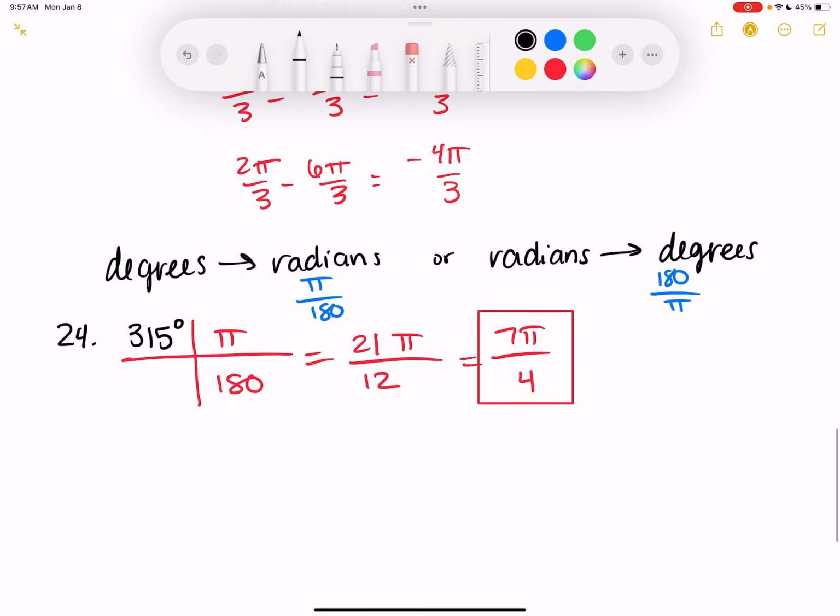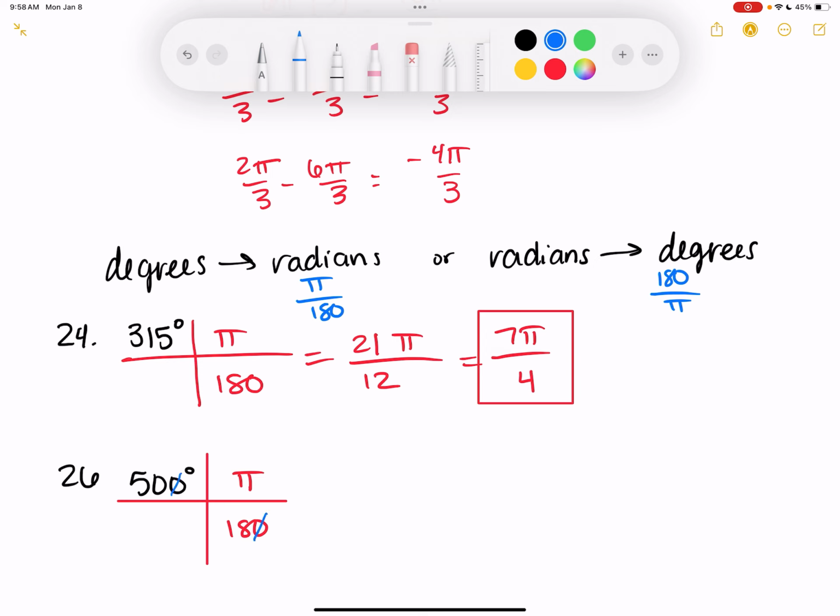let's see, 26. 500 degrees. Again, I started with degrees, so pi over 180. Now, anytime I have something that ends in zeros, a lot of times people forget this, but you can just mark off a 0 at the end.